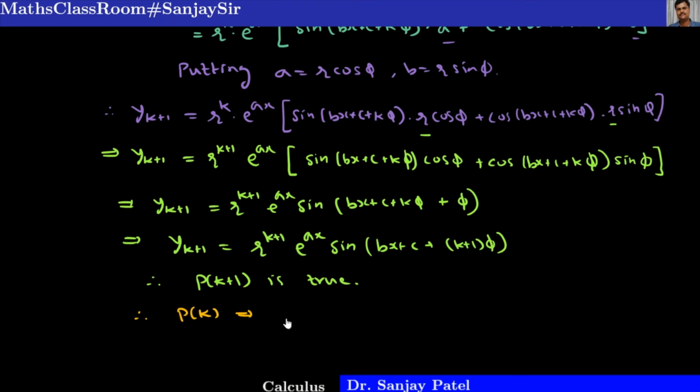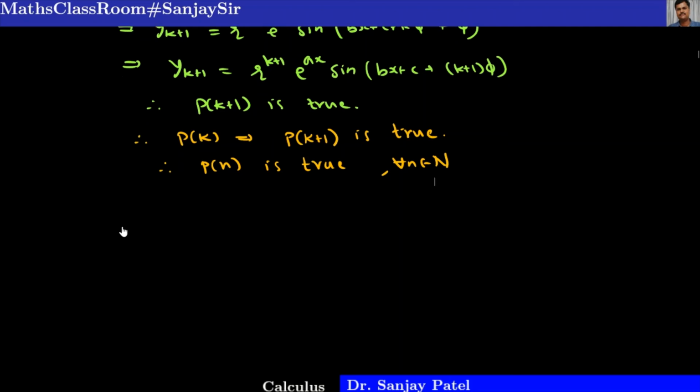P(k) implies P(k plus 1) is true, and therefore this P(n) is true for every n belonging to N, and that is nothing but y_n is proved.